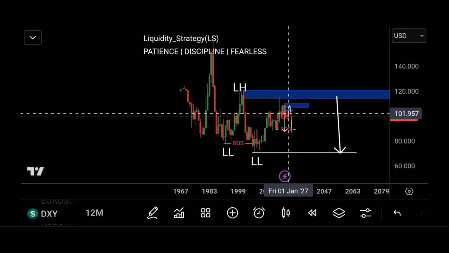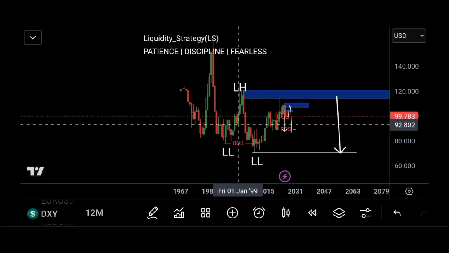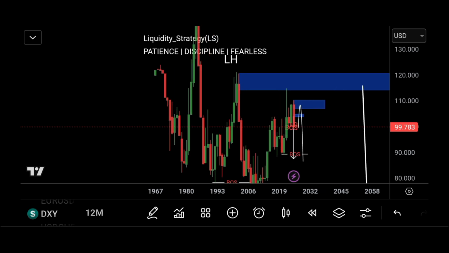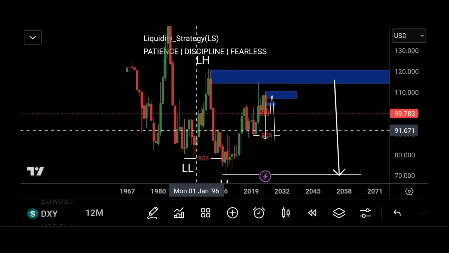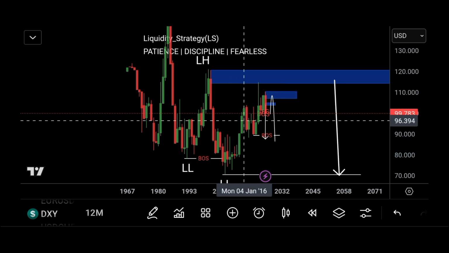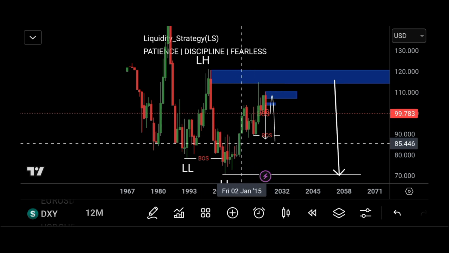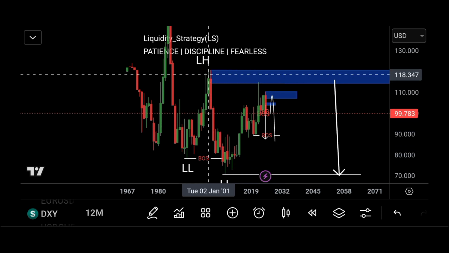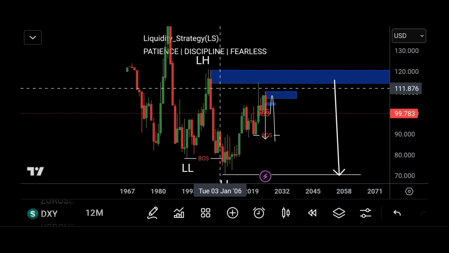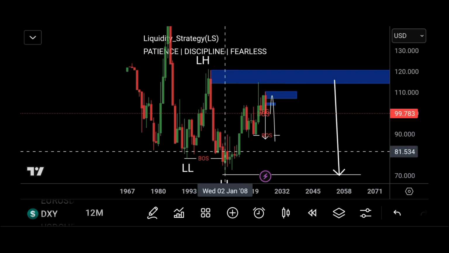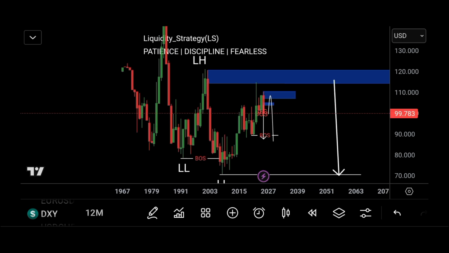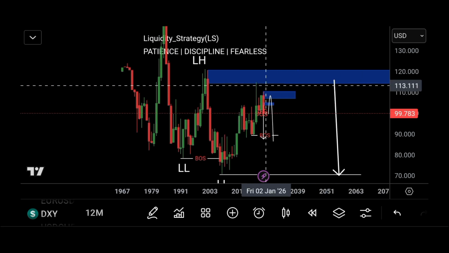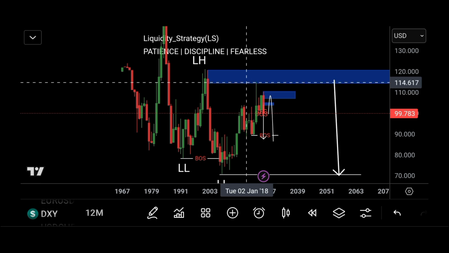But all this, let me show you so that you could see clear. But all this bullish movement here is just a retracement to this recent lower high. So all this bullish movement is just a retracement, and market has bounced to this supply zone on this recent lower high.